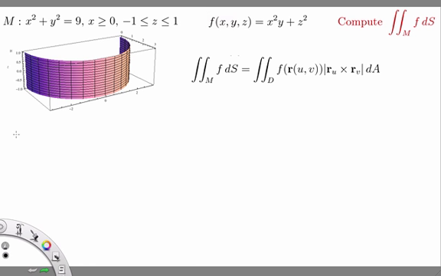So in this case, the parameterization r of u, v, well, the x and y coordinates must satisfy this relation, so we should probably just use the standard parameterization of the circle, which is 3 cosine u, 3 sine u.